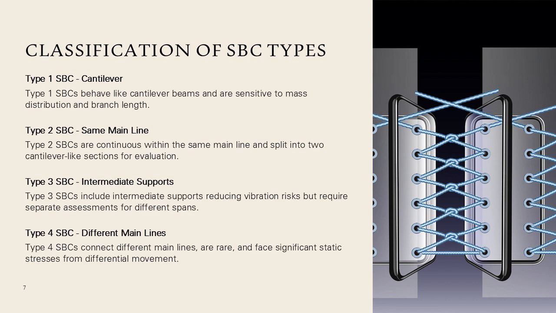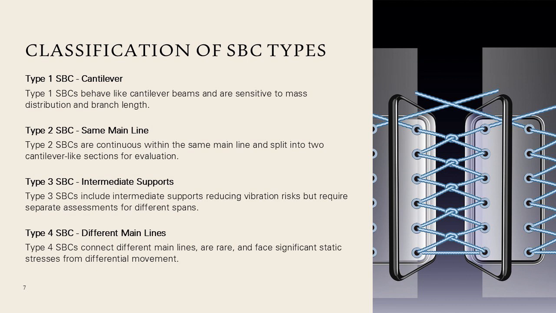Type 1 SBCs, for example, behave like cantilevered beams and are highly sensitive to mass distribution and branch length. Type 2 SBCs involve continuous connections within the same main line and require splitting into two cantilever-like sections for evaluation.